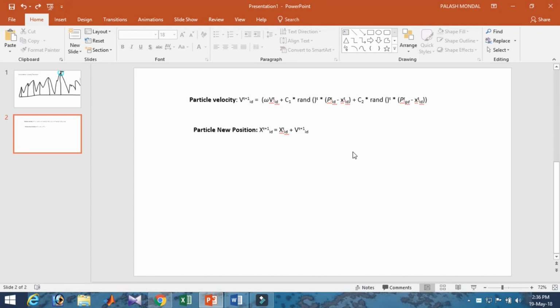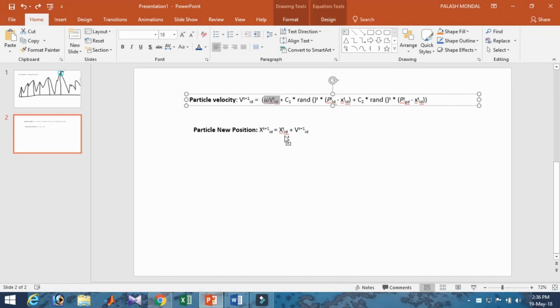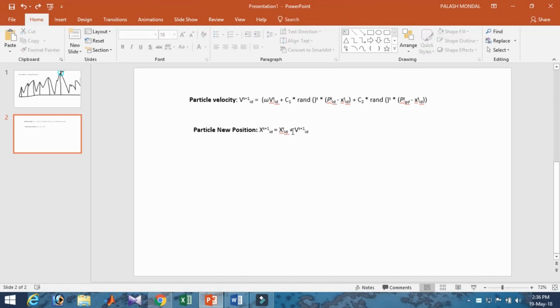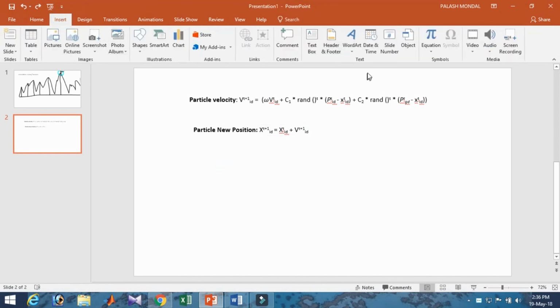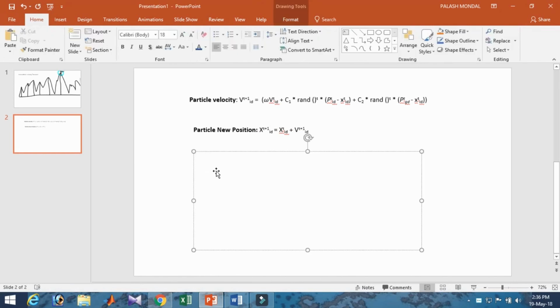From these equations, now we need to know some terminology. The first term, whatever is there, is known as the inertia term. It is called the particle inertia term.